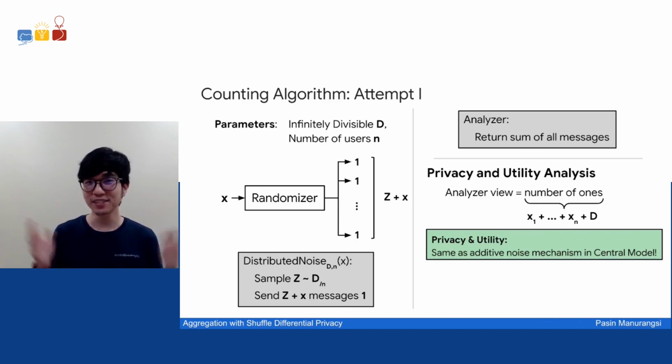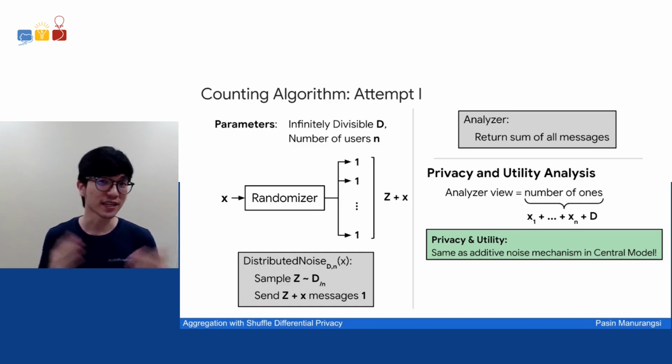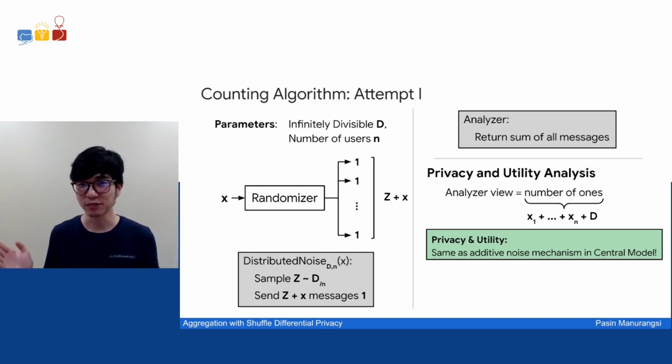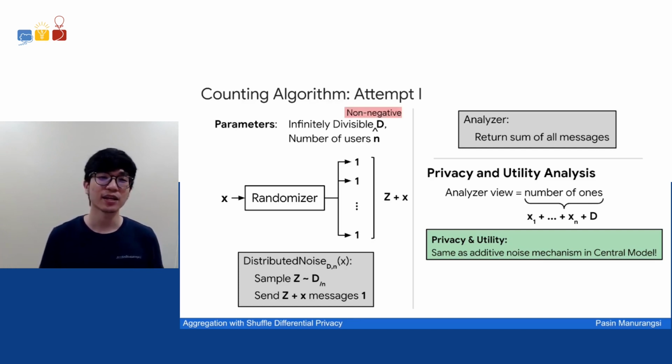Okay, so this is great, right? But as you can see, this is our first attempt, so something is wrong here. And what is wrong here is that you cannot send a negative number of messages, right? That's not allowed. That's undefined. And that's exactly the problem. If you try to initialize this protocol with, say, a discrete Laplace distribution, then there is a certain probability that your noise will be negative.